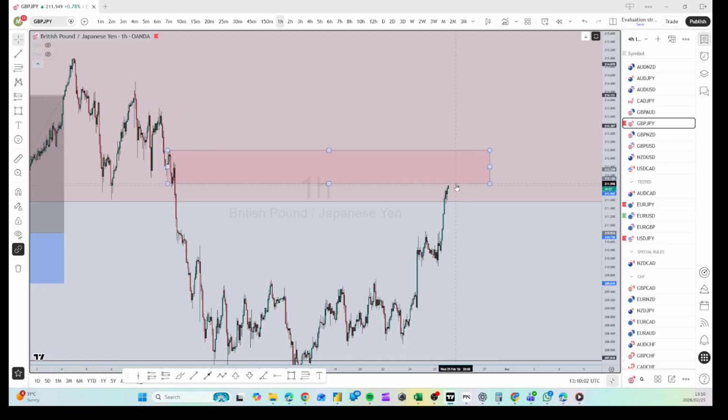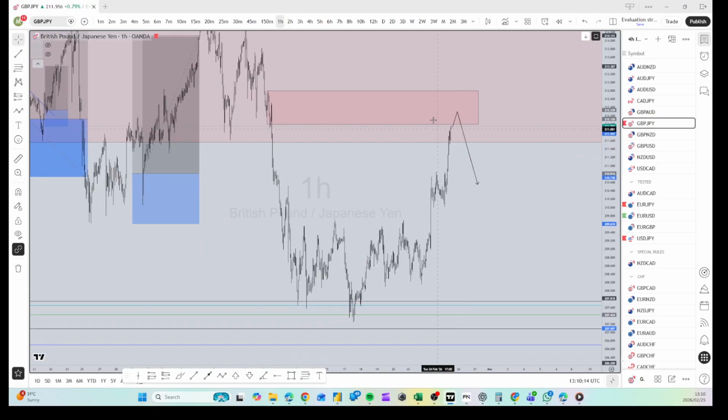The moment we get inside here, I'm anticipating we consolidate a little bit before getting a move to the downside. Then wait for confirmation, of course, because I want to first see that exhaustion before taking the trade. Once we see that exhaustion and it's confirmed, then there's a move, and we can take a trade on the retracement of that move.